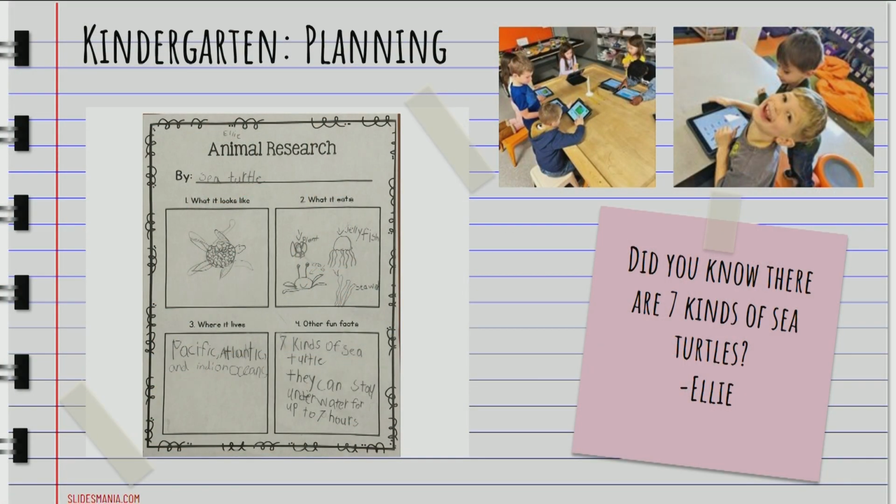This is a learning app on our iPads. This helped me know more about my animal so I could create my habitat and then show my family what I learned when they came to our Creative Communicator Night.